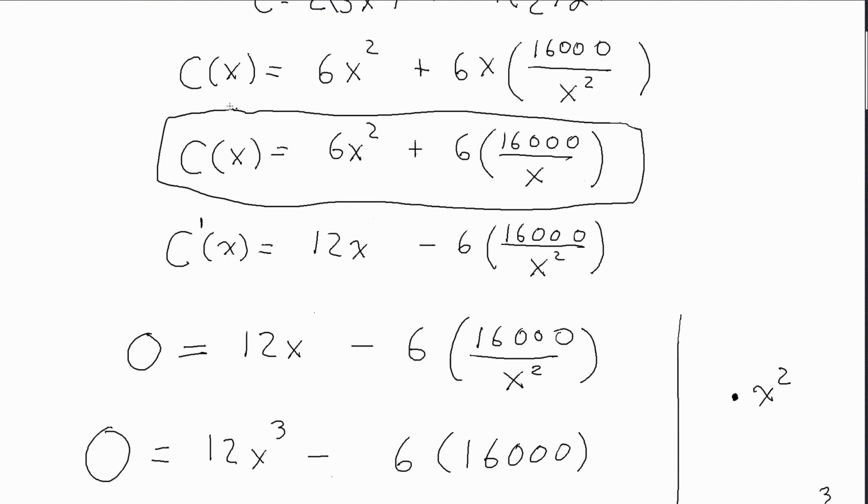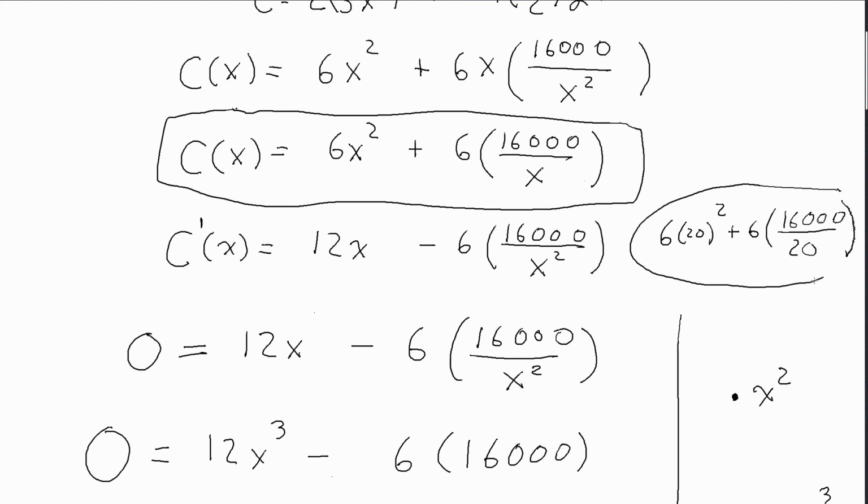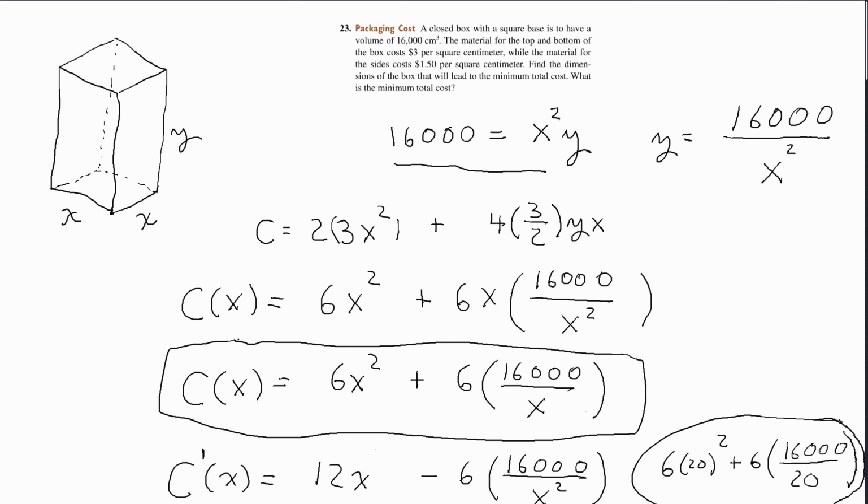Okay, so the answer would be, well, here you take 6 times 20 squared plus 6 times 16,000 divided by 20. And this right here, and I'm circling it right now, that would be our minimum cost of building this box. So, okay, I hope this helps you out. Thank you very much.